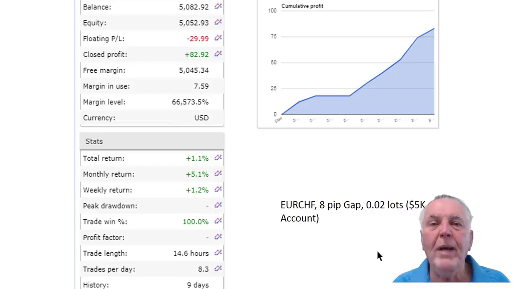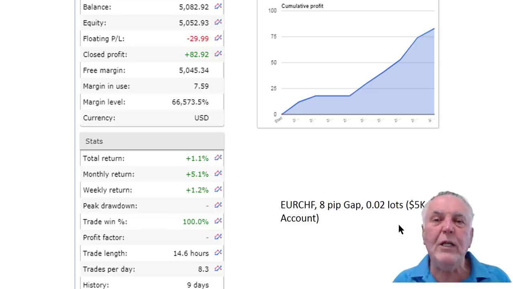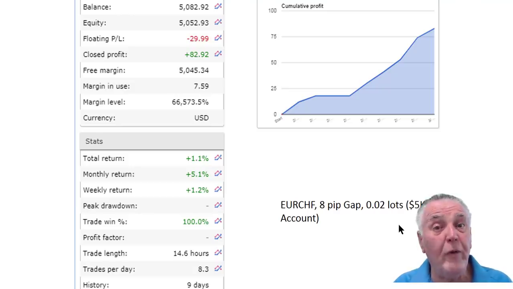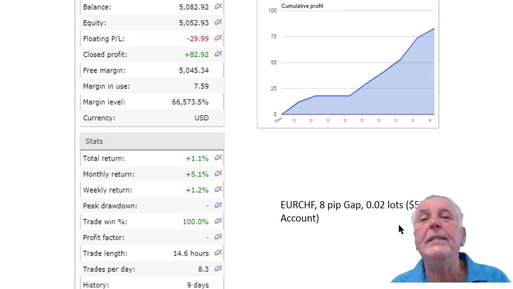This is also a 9-day period. This one has only made a 50 pip gain over that period, because of the lot sizing being 0.02. So obviously the lot sizing for the Euro franc should be somewhere between 0.02 and 1.5 to be a good balance between profitability and safety, or profitability and risk.